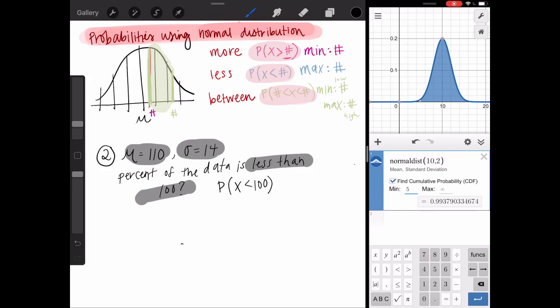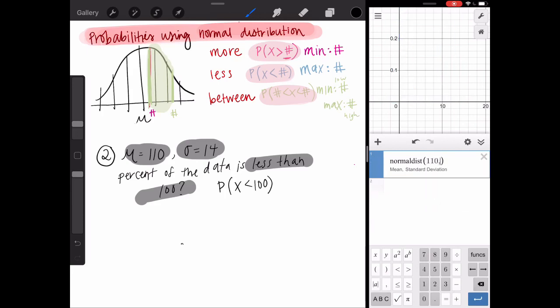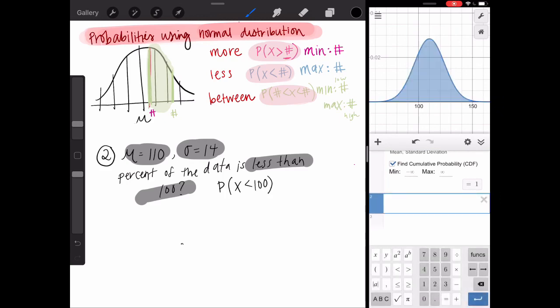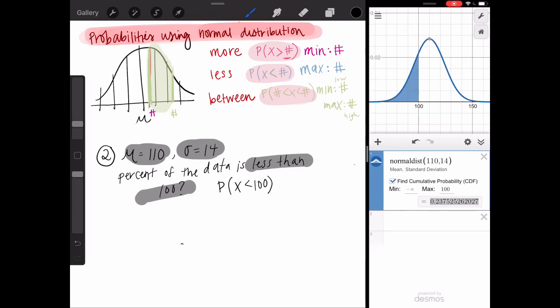Okay, so I'm going to go to my normal dist and I'm going to change this. My mean is now 110 and my standard deviation, comma standard deviation, is 14. I want to find the probability that a data point is less than 100. Okay, so the probability given in this decimal here is 0.2375.